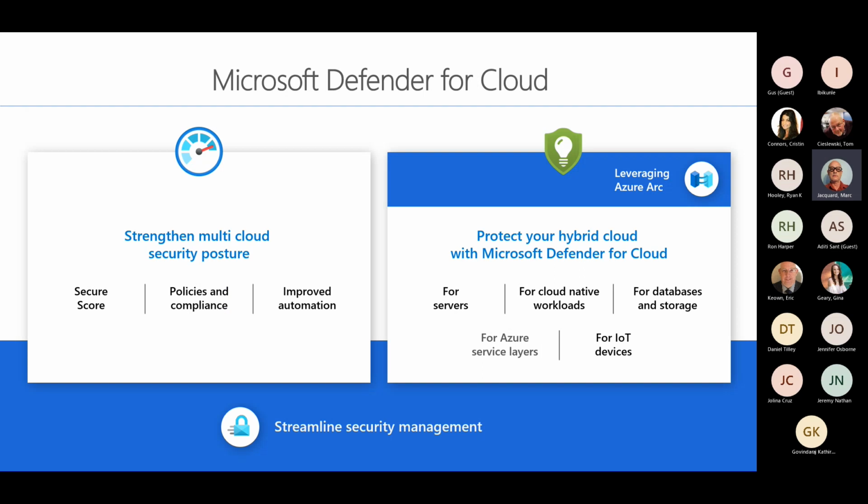Now, looking at Defender for Cloud, it's going to help you strengthen the cloud environment. Workload protection, right? We can use it for multi-cloud security posture. It's not limited to just Azure. Azure actually has an agent called Azure Arc. Arc can be deployed to on-premises devices, AWS, Google, and it can make it look like that workload lives in Azure.